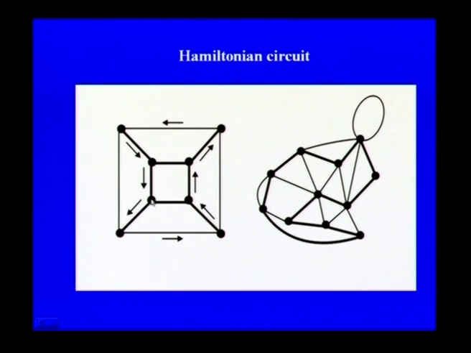It starts like this, it goes like this, and like that. So, there is a closed walk which covers all the vertices, and each vertex occurs only once in this circuit. Similarly, here also you can have something like this, starting from here and you go along like this. This is a Hamiltonian circuit in this graph.